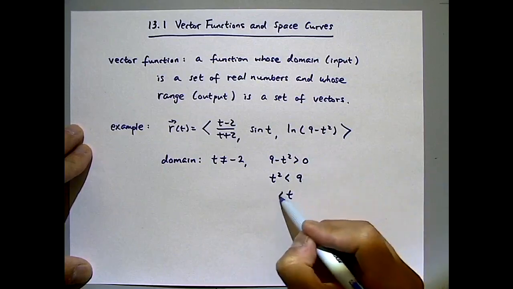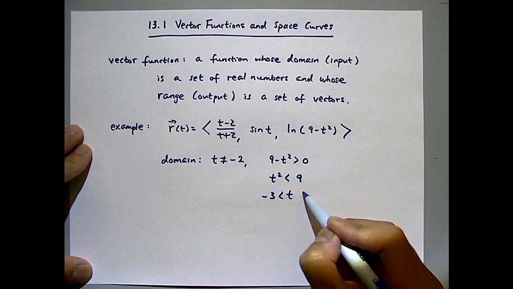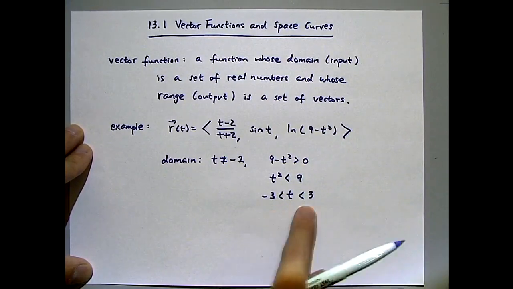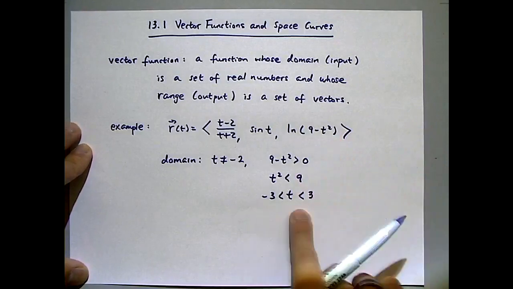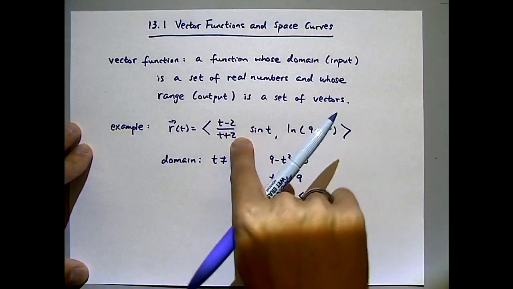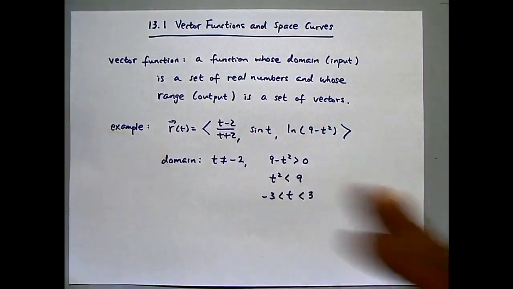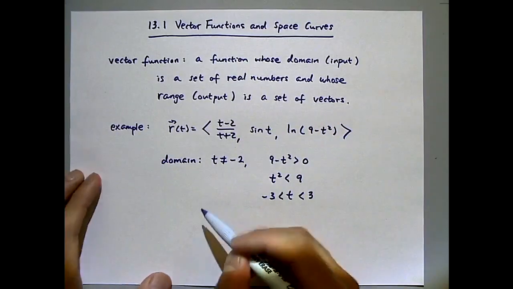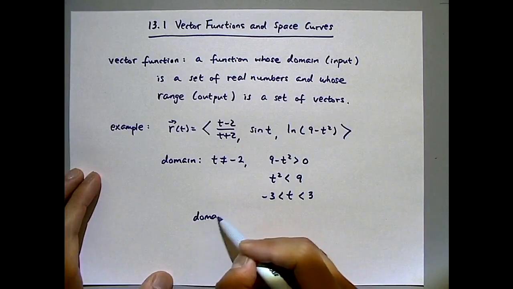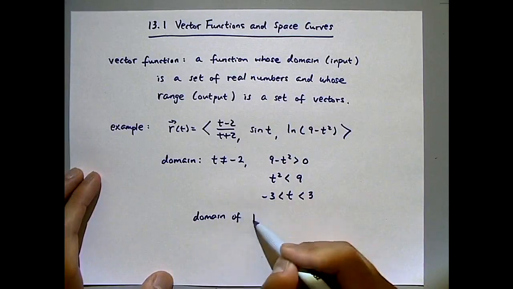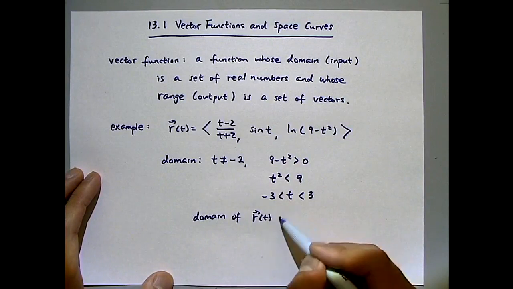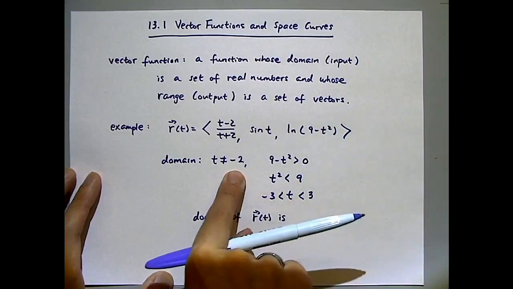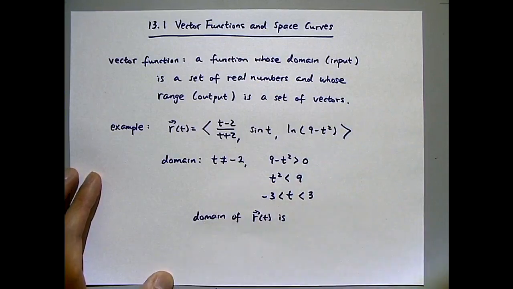So t is strictly between minus 3 and positive 3. This will satisfy that. This will be the domain of that function. These two things put together is the domain of the entire vector function. And here we take this one and remove this point, t equals minus 2.